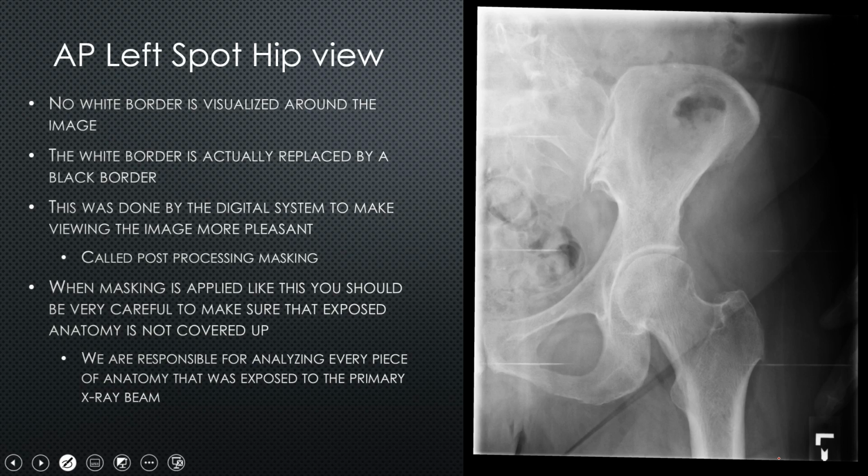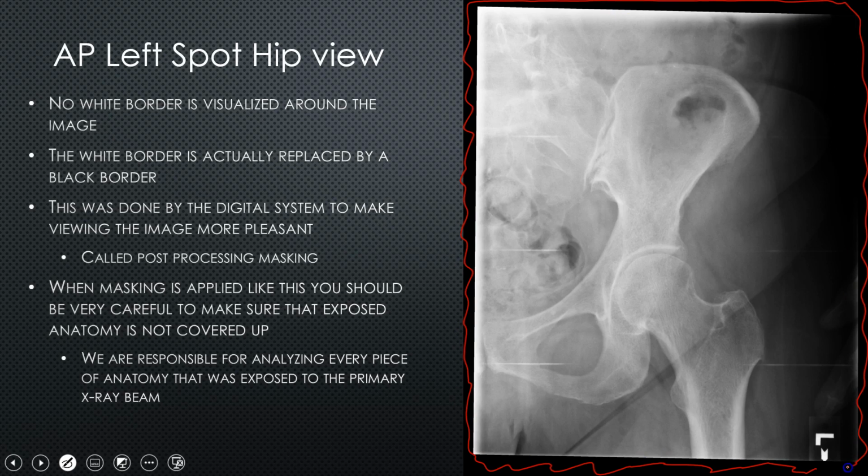There's no white border visualized around the image, but this white border is replaced by a black border. So all of this area here, we don't see that blur between what was outside the image and the actual image.